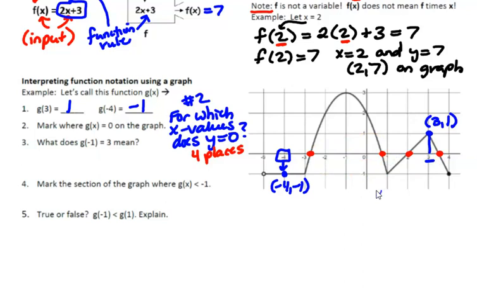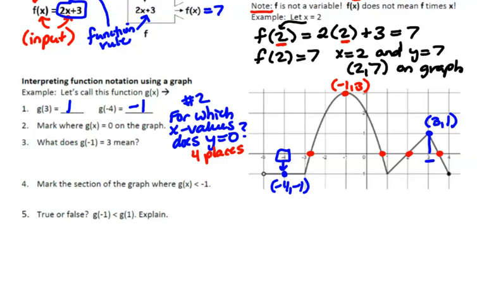What does g of negative 1 equals 3 mean? Can you put that into words? If I asked you to write a sentence or explain verbally what that means, could you explain it? So negative 1 is the input value, 3 is the output value. So if x is negative 1, y is 3, that's this point on the graph: negative 1, 3.